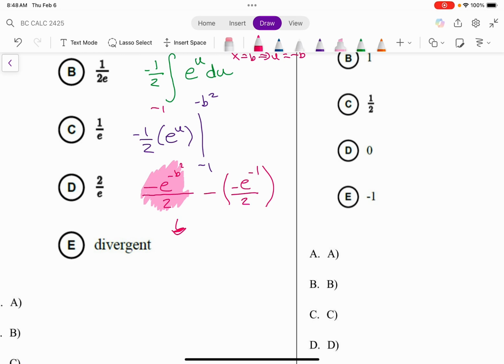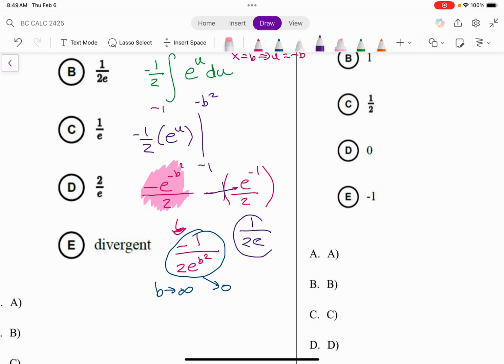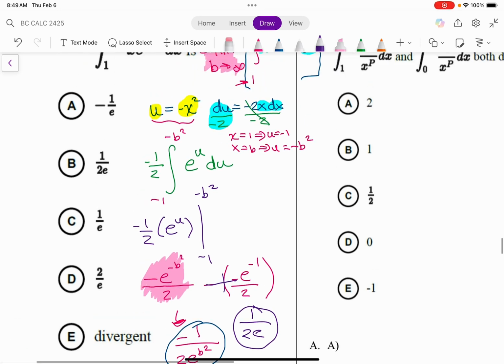E to the negative b squared can be written as 1 over e to the b squared. And as b goes to infinity, this expression goes to 0, okay? And so that leaves behind this term here, which is plus, minus minus a plus, so this is 1 over 2e. And that's answer choice B.